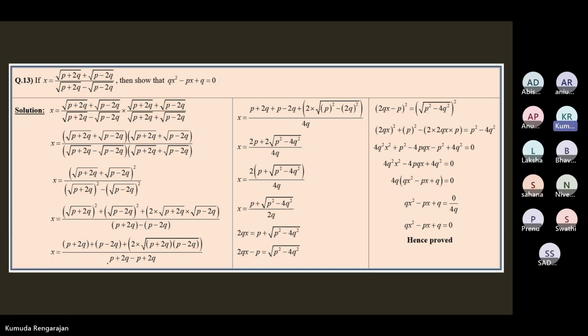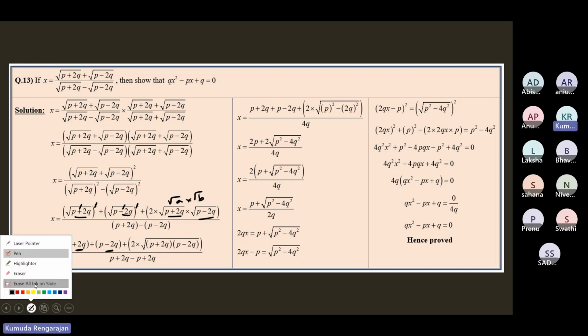Now simplify the numerator. Going back to the numerator, in the next step, the square and square root will get cancelled. This and this get cancelled. So you write this one as it is, this one as it is, then plus 2 into, this is like root A into root B. So it's root of A into B. You can put them under the same square root and multiply them.